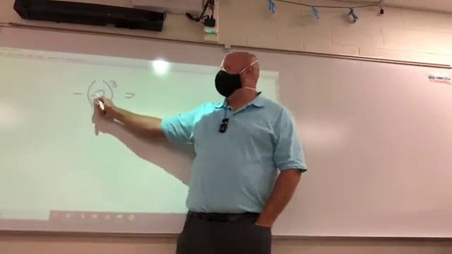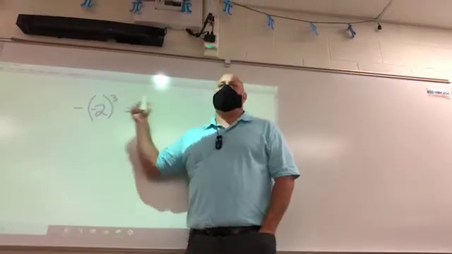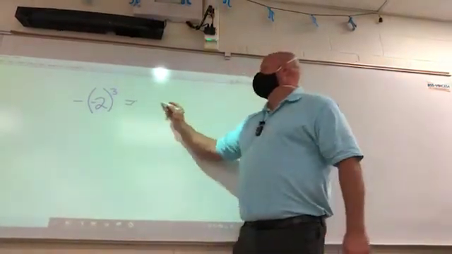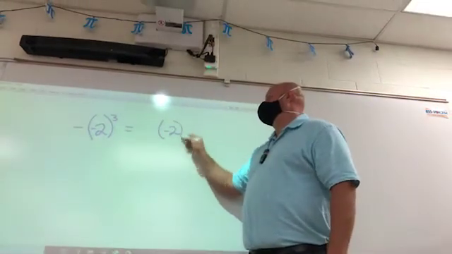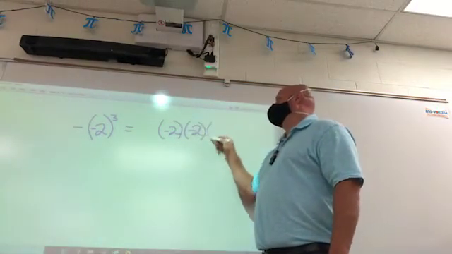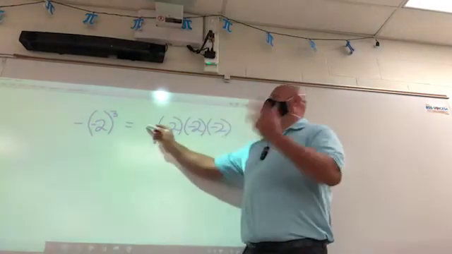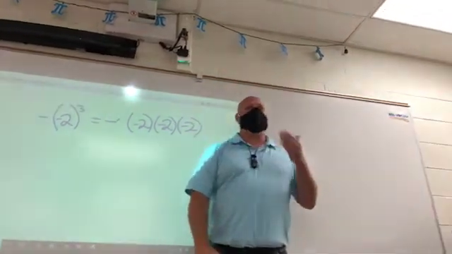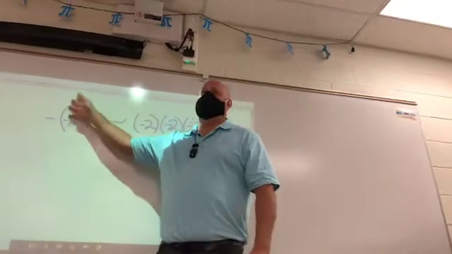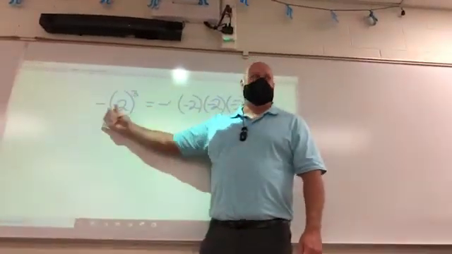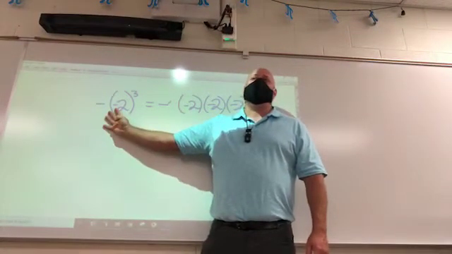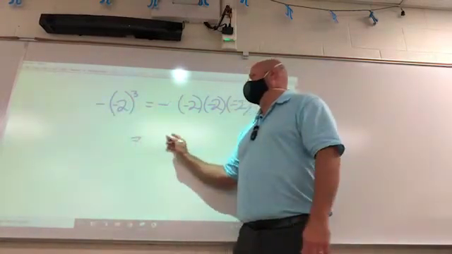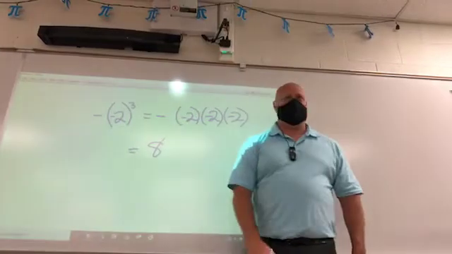Exponents. So, my question is, how many negative signs does this one have? This is negative 2 times negative 2 times negative 2 with an extra negative sign out in front. How many negative signs does this really have? 4, which means the answer should be positive. So this is going to be positive 8.